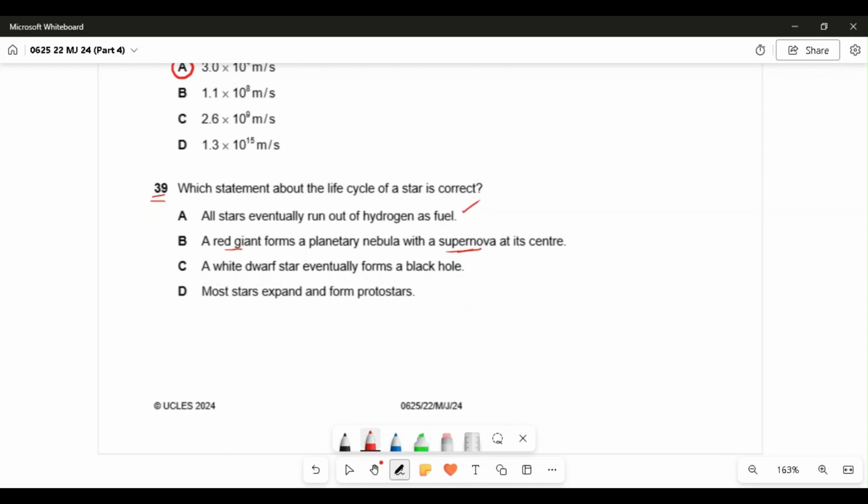No, a white dwarf does not form a black hole. It forms a black dwarf, whereas a supernova can leave a black hole. Option D: expand and form a protostar. Most stars expand to form a red giant or red supergiant. So our option is A.